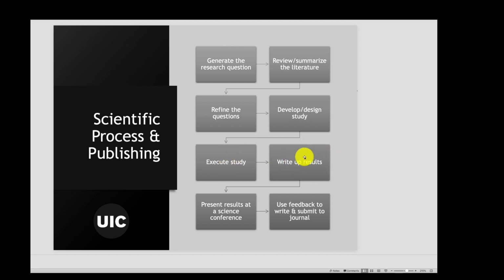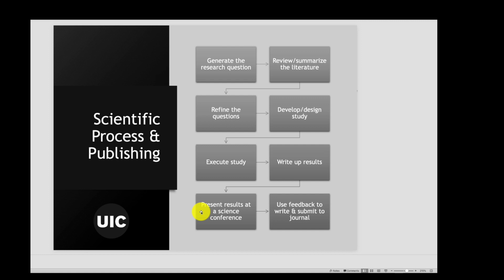Then we're going to write up the results, right? That's why I have 2 mini writing sessions for you guys in this course, because I want you to be able to write. I want you to be able to communicate what you found. I want you to be able to say what you mean and mean what you say and get rid of the fluff. I want you to write intentionally. Then we have to present the results at a scientific conference.